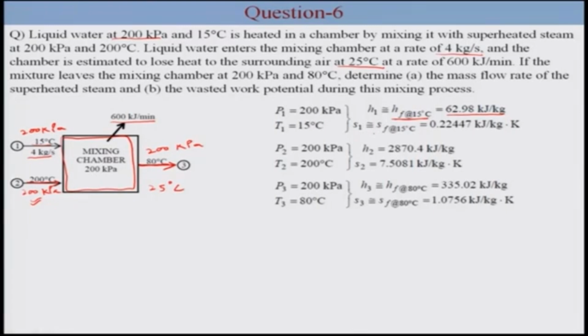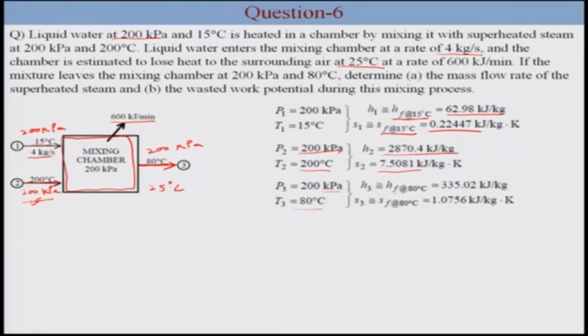The entropy would be the value Sf at 15 degrees Celsius, which is 0.22447. Now for state 2, it is at 200 kilopascal and 200 degrees Celsius, so it is in superheated state. From the superheated table at these conditions, H2 is 2870.4 and S2 is 7.5081, while the stream which is leaving is at 200 kilopascal and 80 degrees Celsius, it is again compressed liquid.